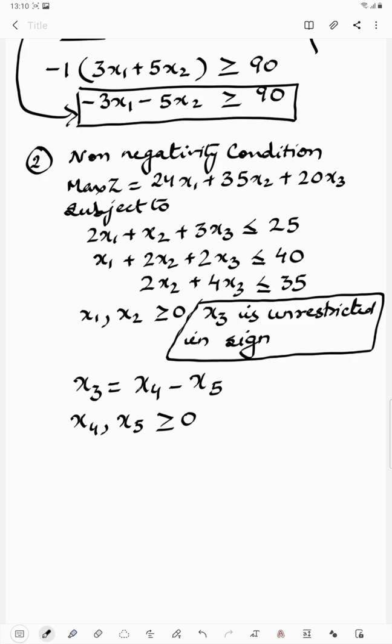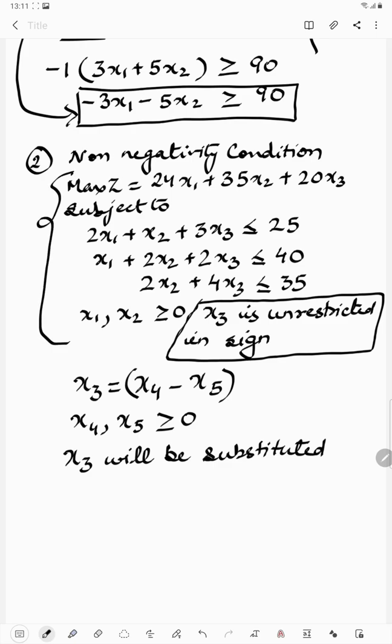So x3 will be substituted. In place of x3 we will write x4 minus x5. So in this linear programming problem, wherever we see x3, instead of x3 we will now write x4 minus x5, and the question can now be solved using simplex method.